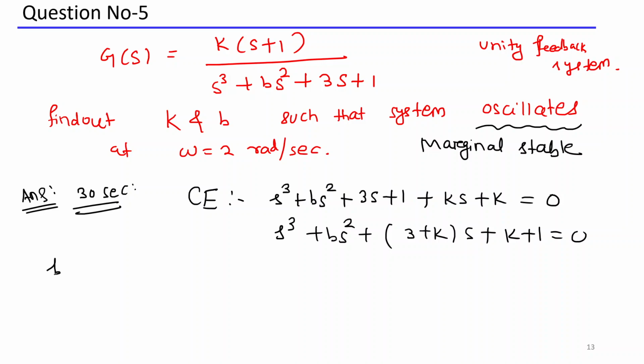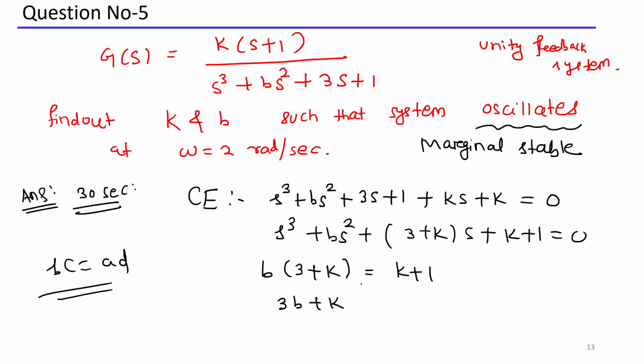Then what you do? You make inner product equal to outer product. What is the inner product? b into (3 plus k) should be equal to the outer product (k plus 1) into 1. Solve this: 3b plus kb equal to k plus 1.